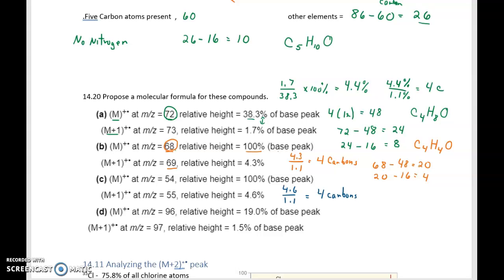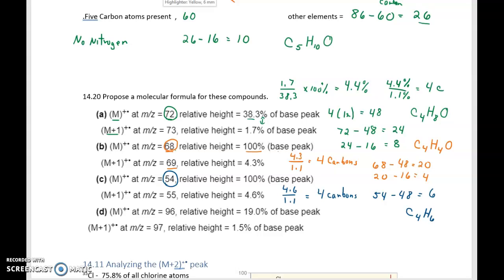And we've got a mass of 54 minus 48, which is the mass of the carbon. And that gives us 6. Well, 6 mass units left is not enough to have an oxygen or a nitrogen or anything. It must just be hydrogen. So the compound formula for this is going to be 4 carbons and 6 hydrogens.